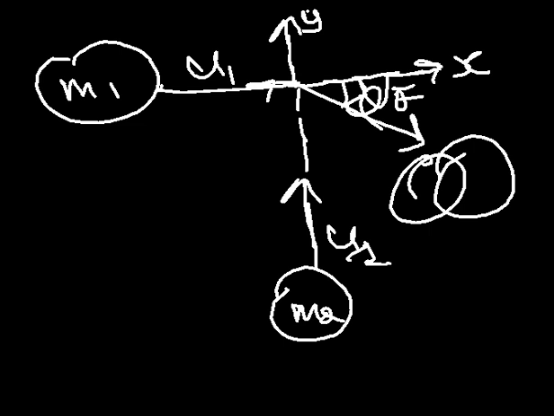The initial momentum along the x-axis is only for this object, and the initial momentum along the y-axis is only for the other object, because this one has no component along x, and likewise that one has none along y.